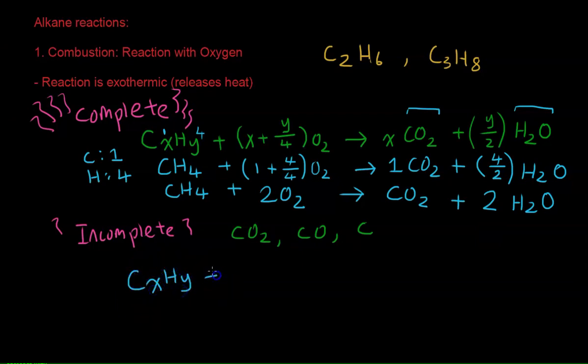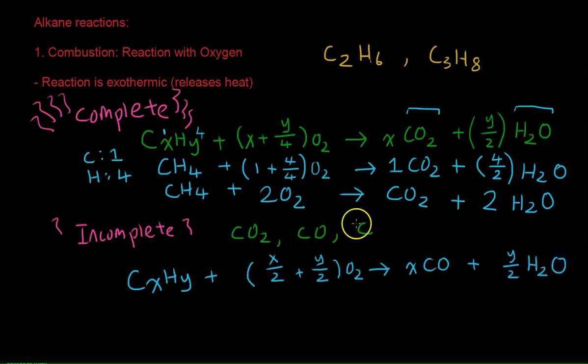CxHy plus (x over 2 plus y over 2) O2, giving me x amount of carbon dioxide plus y over 2 water. Of course carbon dioxide, carbon monoxide and carbon will be formed in other amounts, but for the sake of example, this is what you can give them. I'll leave it to you to solve.